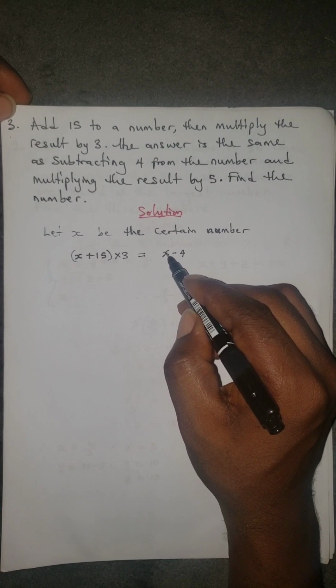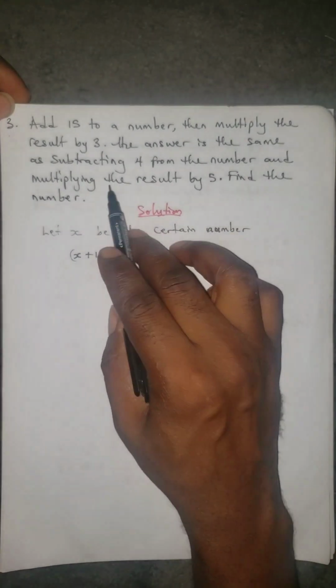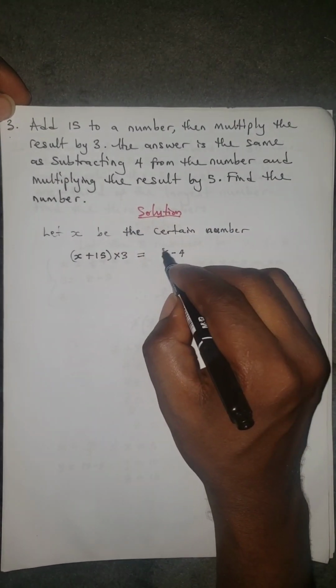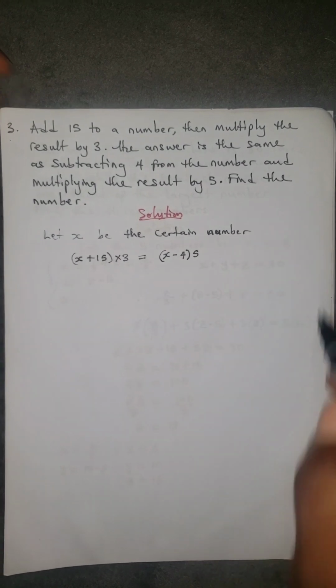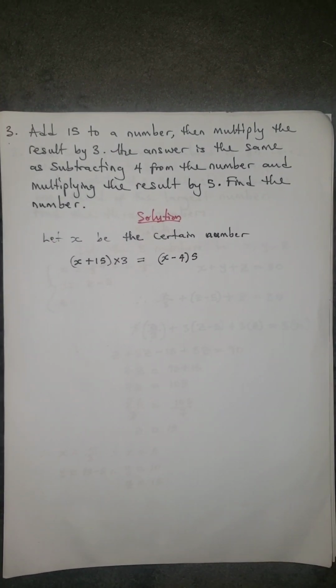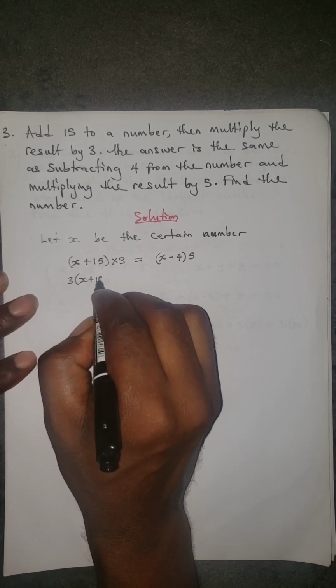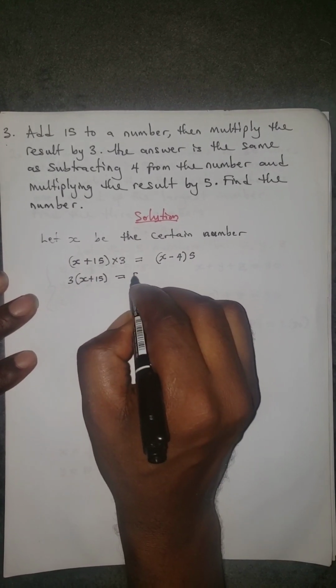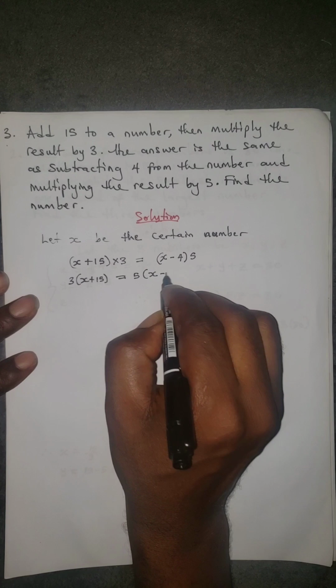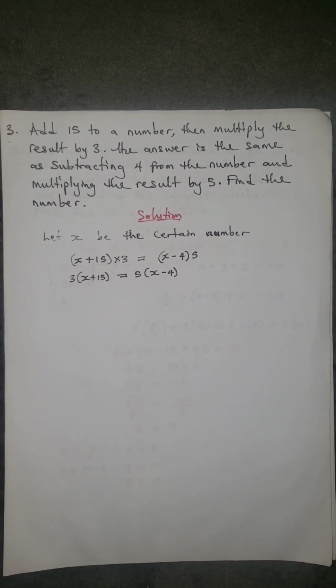So you are removing 4 from the x and multiplying the result by 5. So this result we multiply it by 5. So you can see our resulting equation. So let us rearrange it so that it will look nice. So I have it as 3 into x plus 15 equals 5 into x minus 4. So this is what we have.